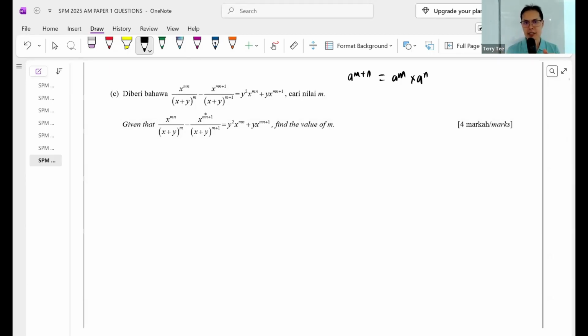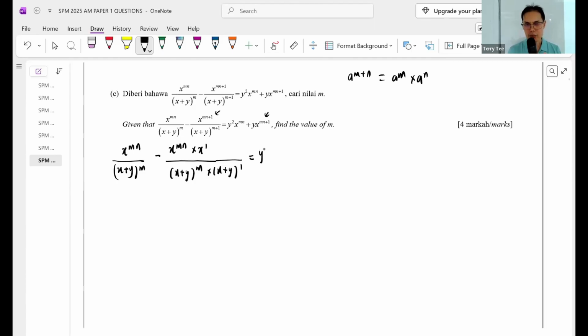You notice the left-hand side has x power mn, the right-hand side also has x power mn, and this is mn plus 1, mn plus 1. So we know we're going to break it up. Number 1, let me copy this first: x power mn divide by x plus y power m, minus x power mn times x power 1, divide by x plus y power m times x plus y power 1.